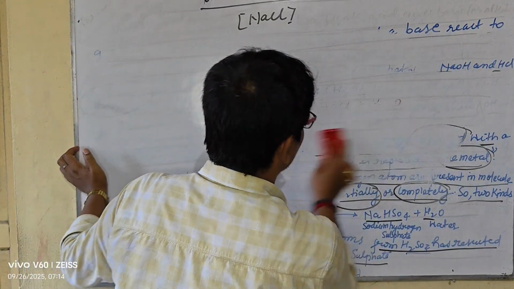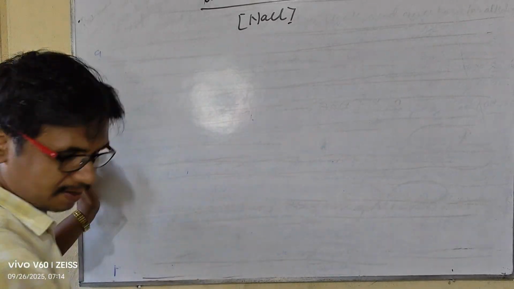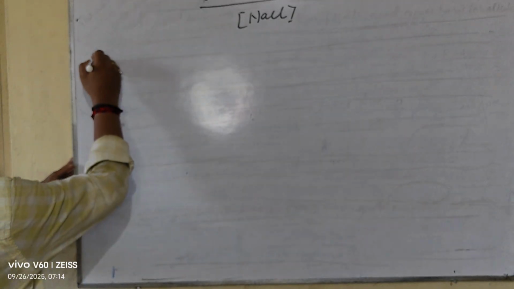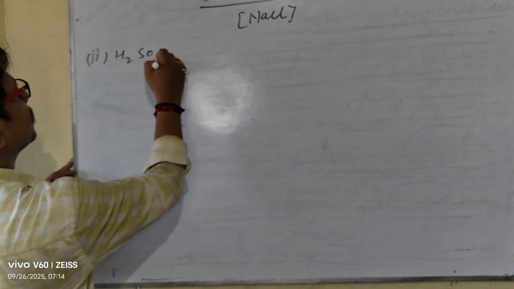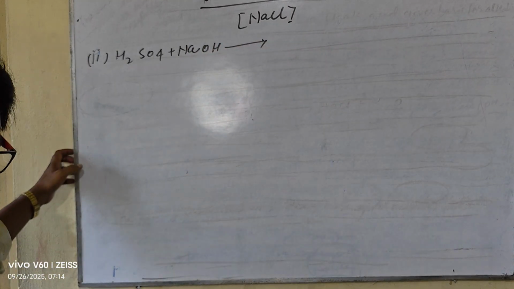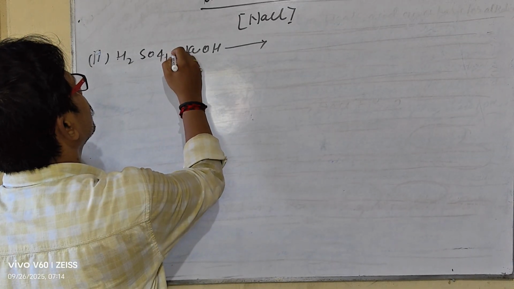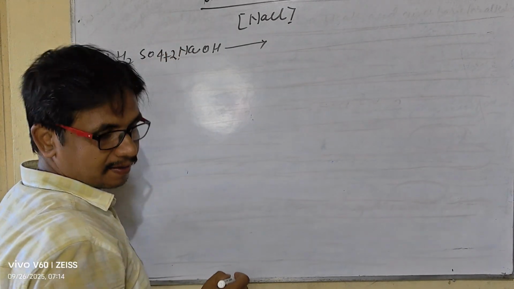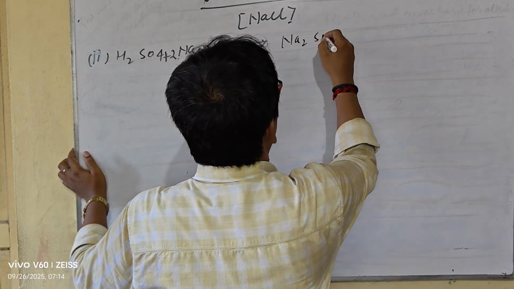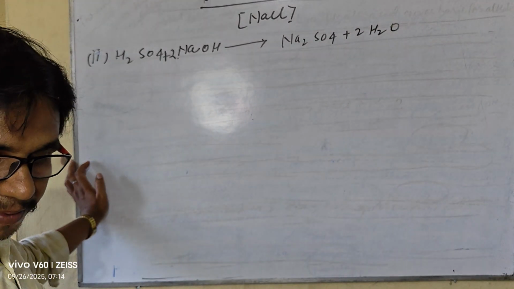The second reaction I am giving you about the common salt, the table salt: H2SO4 plus 2NaOH react to give Na2SO4 plus 2H2O, sodium sulfate plus water.